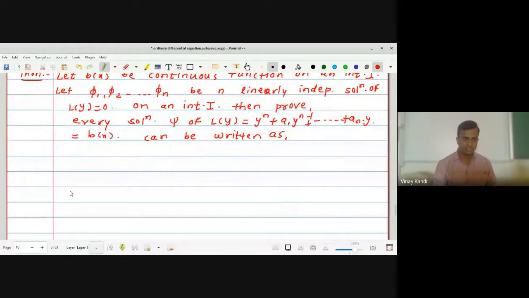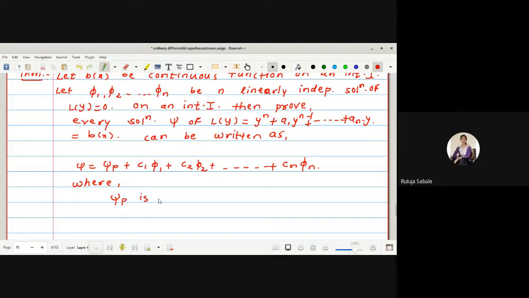psi is equal to psi p plus c1 phi 1 plus c2 phi 2 plus, up to so on, cn phi n, where psi p is what? Particular integral.